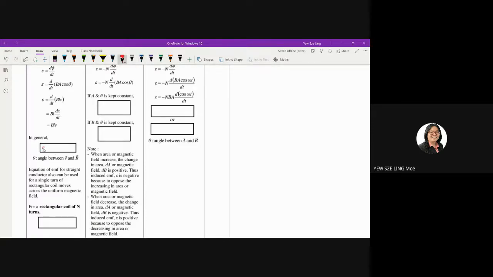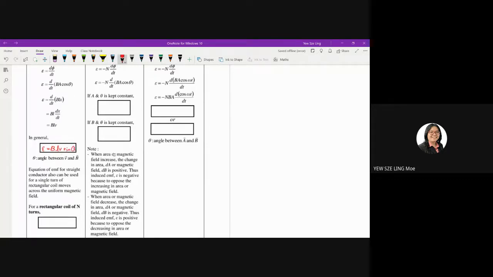Here, the induced EMF is equal to B L V sine theta.